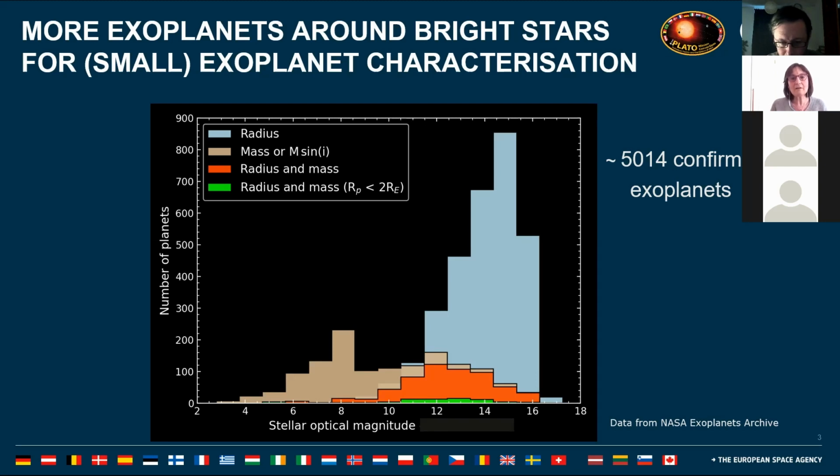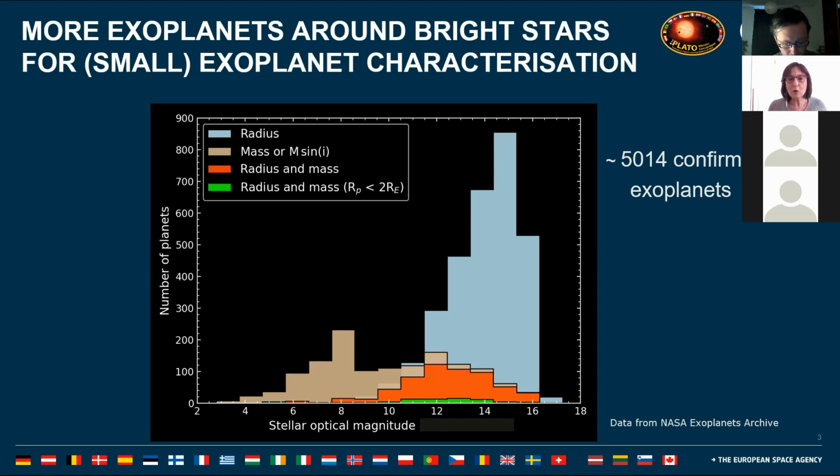So here I have put a figure where you can see the number of planets as a function of stellar optical magnitude, for which we have radius, which is indeed the histogram in blue. Then for which we have mass, which is the histogram in brown. And then we only have an overlap of planets for which we have radius and mass in the red area.